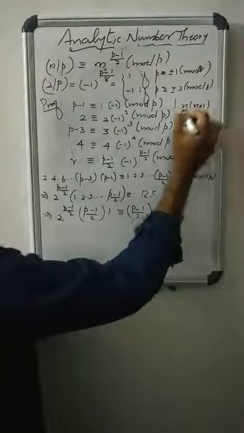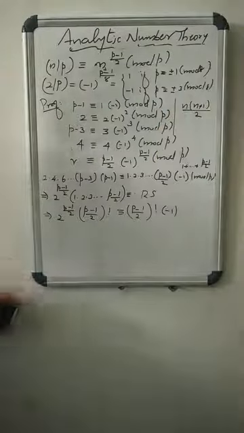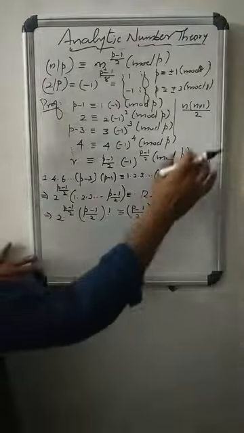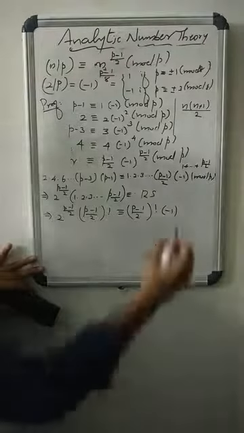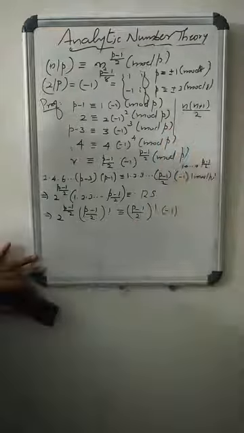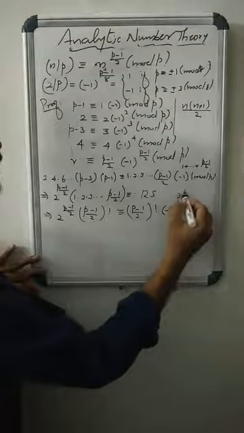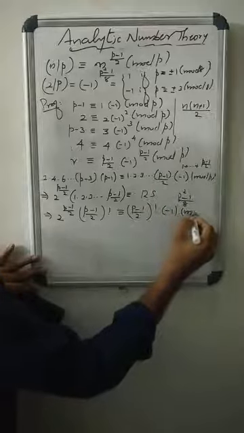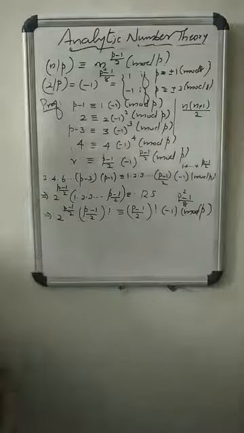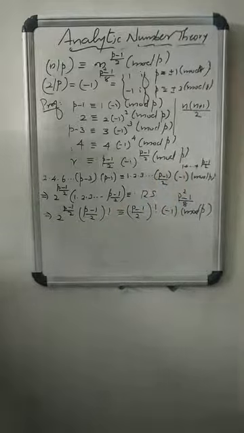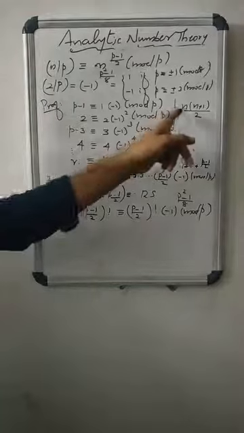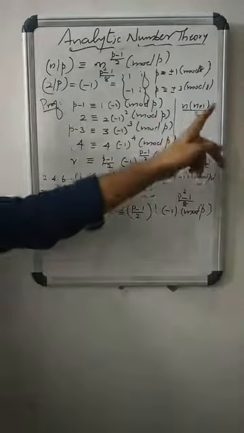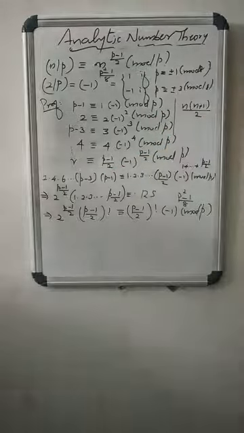It is n(n+1)/2. Since p is an odd prime, the sum of the first (p-1)/2 natural numbers is (p-1)/2 · ((p-1)/2 + 1)/2, so it is (p^2-1)/8. So it is (-1)^((p^2-1)/8) mod p.